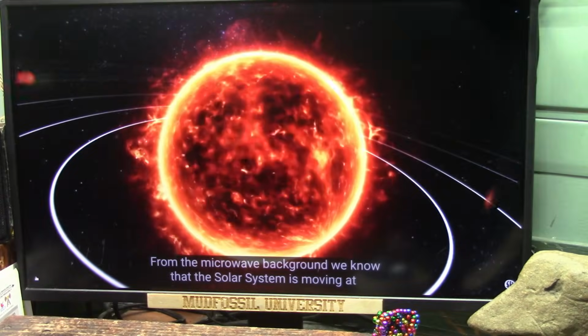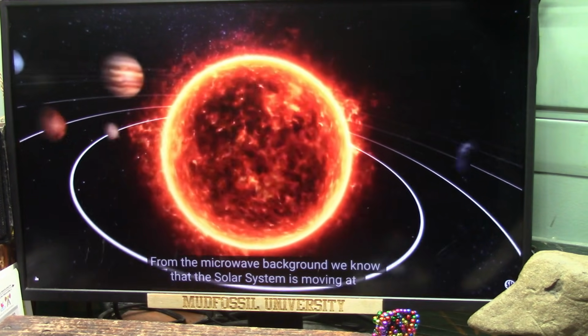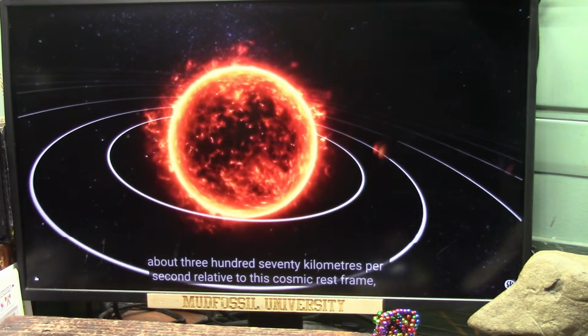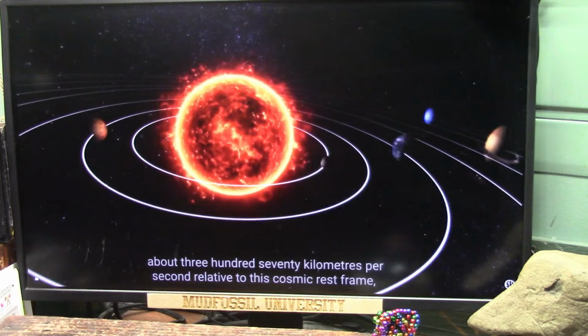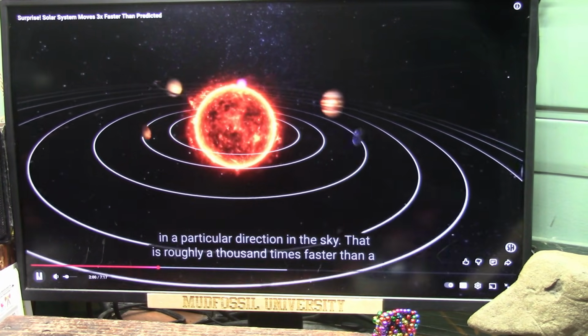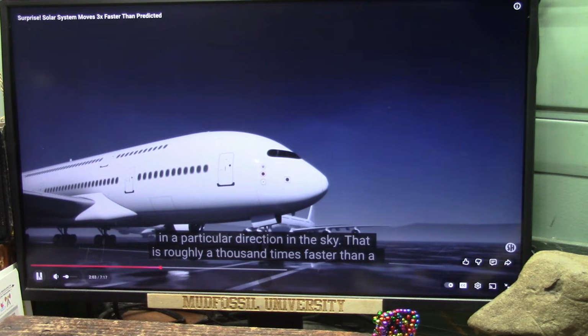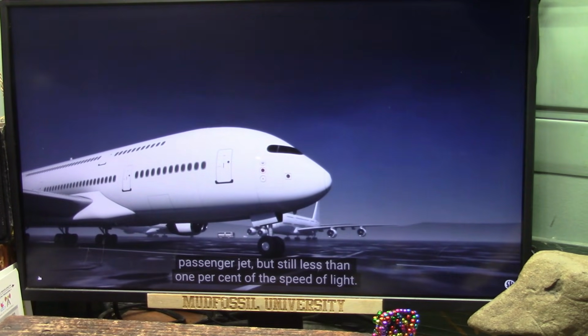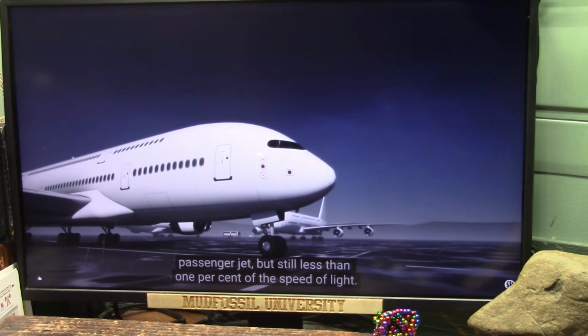From the microwave background we know that the solar system is moving at about 370 kilometers per second relative to this cosmic rest frame in a particular direction on the sky. That's roughly 1,000 times faster than a passenger jet, but still less than 1% of the speed of light.